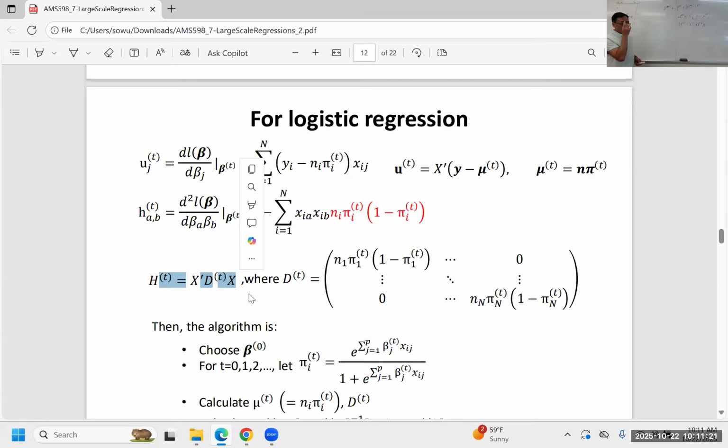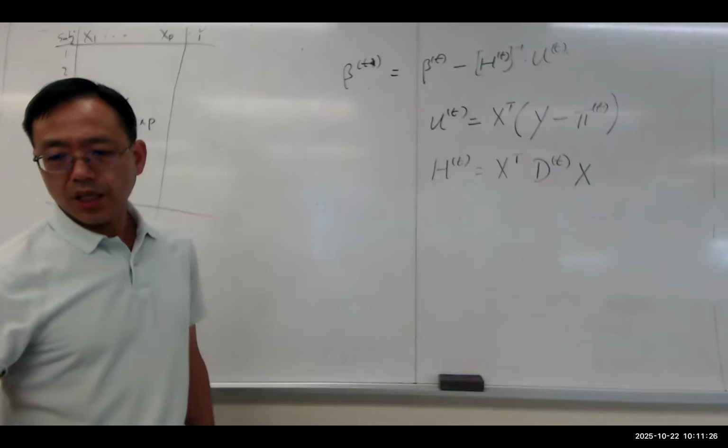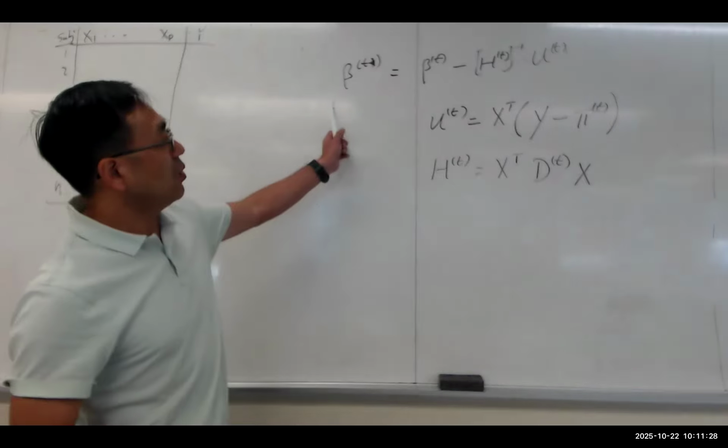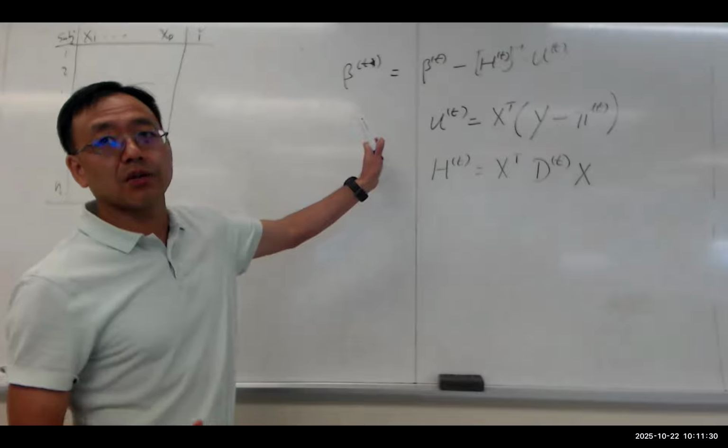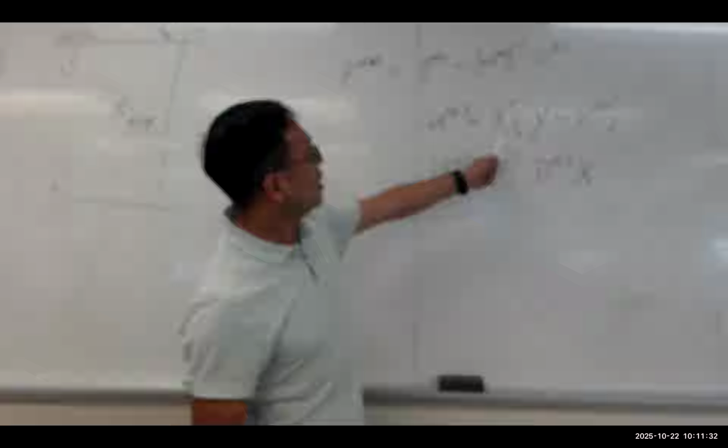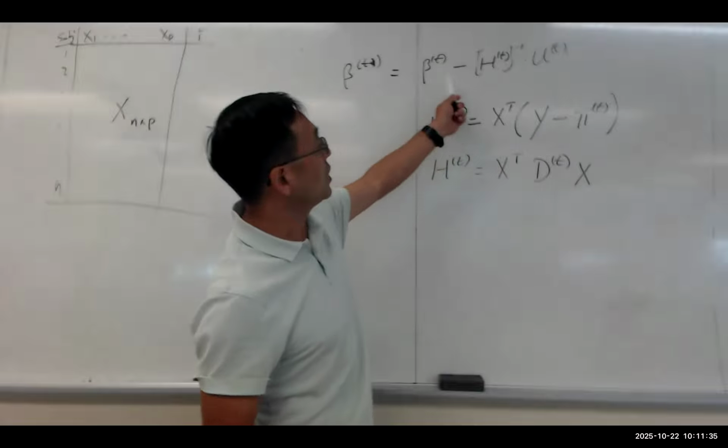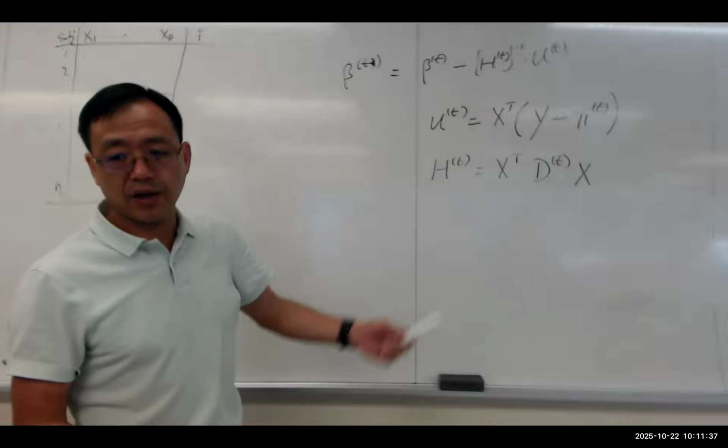So what do you see here? Essentially, you see all the components for the Newton-Raphson algorithm. You have U_t, you have H_t, you have beta_t, so you have everything.